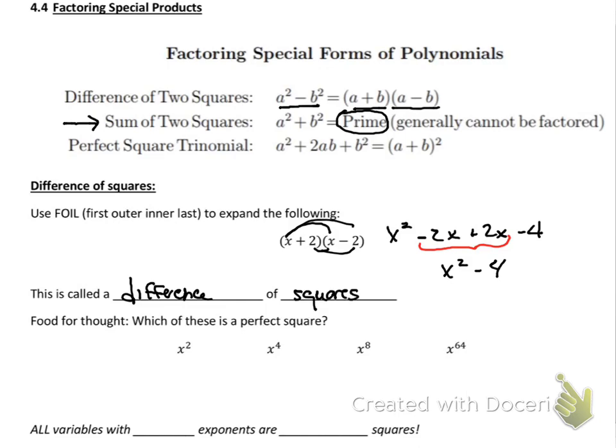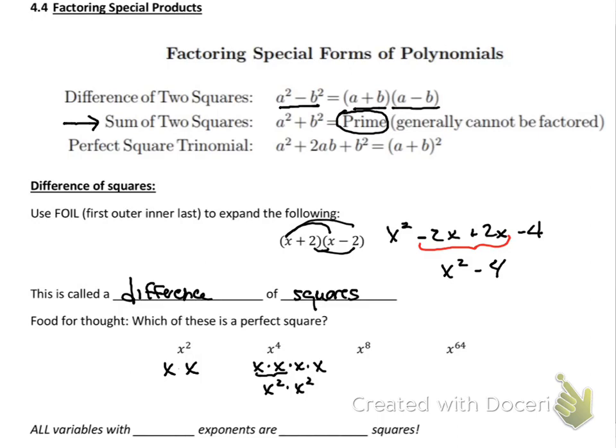So before we proceed to the first example, let's think about which of these different terms is a perfect square. Well, x squared is x times x, but x to the 4th is x times itself 4 times, which can then be written as x squared times x squared.